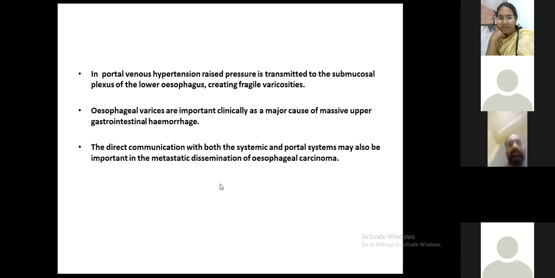Caput medusae, sir. Where else? The bare area of the liver. Yes, correct.